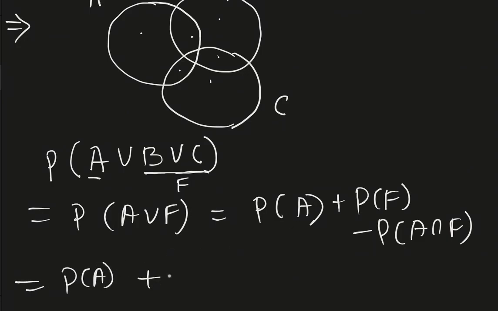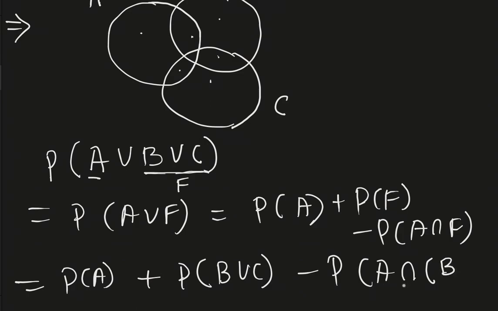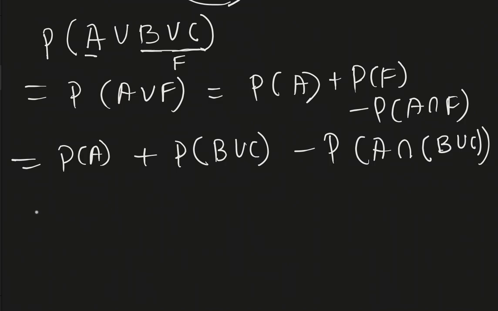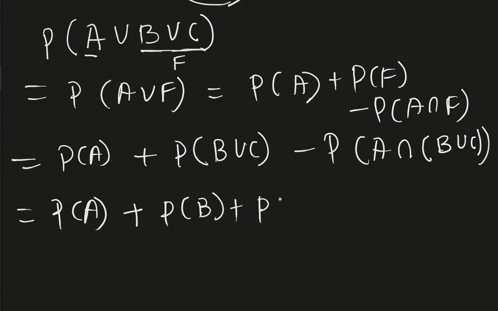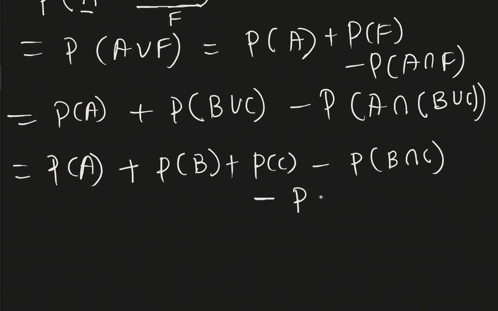P of A plus P of F, meaning P of B union C, minus P of A intersection (B union C).